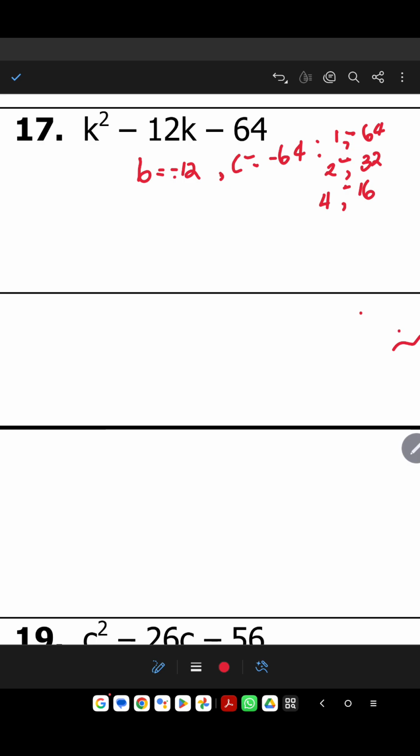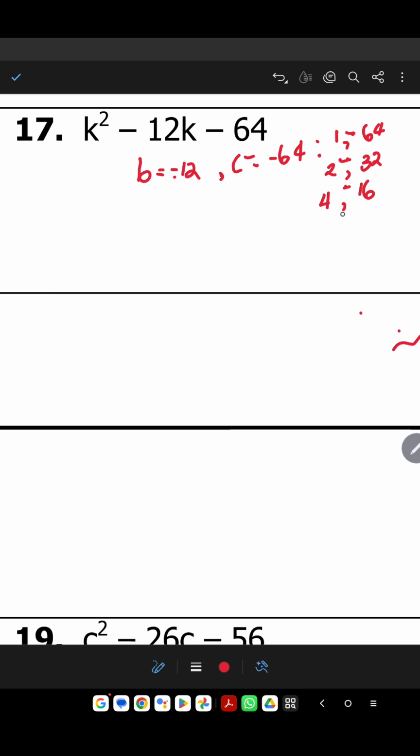All right, let's do some addition here now. If we say 1 minus 64, that would equal negative 63. That can't work. So the first pair is out. If we do 2 minus 32, that would give us negative 30. So that one would be out. All right, let's go down to the third one.